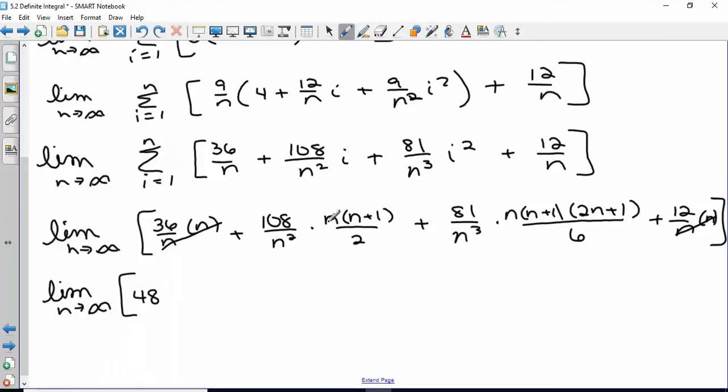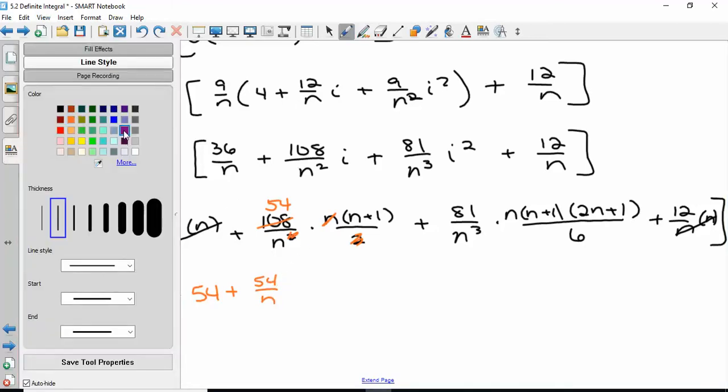Here I can cancel an n. 108 divided by 2 is 54. So if I distribute, I get 54n over n, which is 54, plus 54 over n.